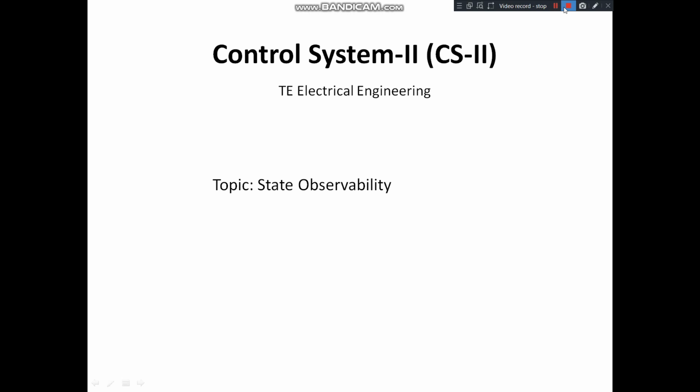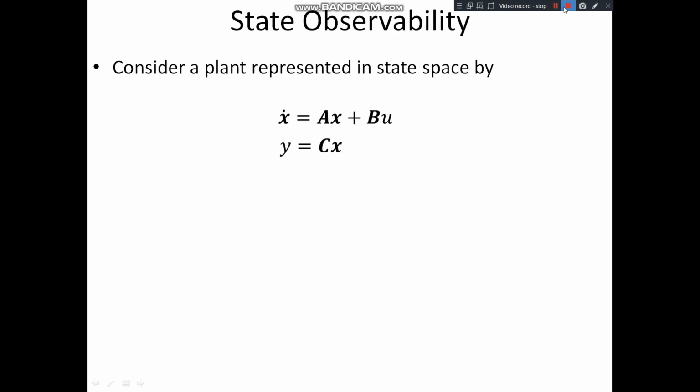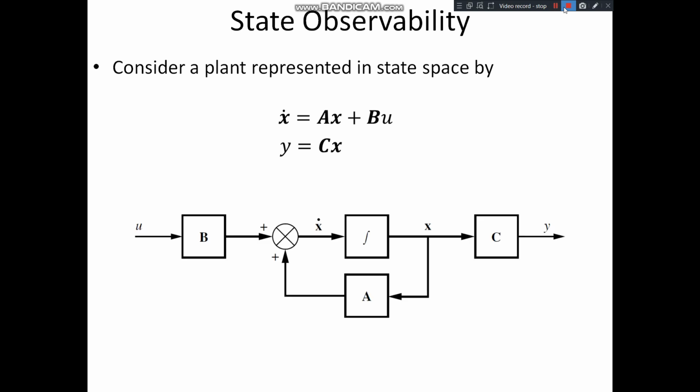Today we are going to discuss the topic state observability. We will consider a plant represented in state space with the two equations x dot is equal to Ax plus Bu and y is equal to Cx.